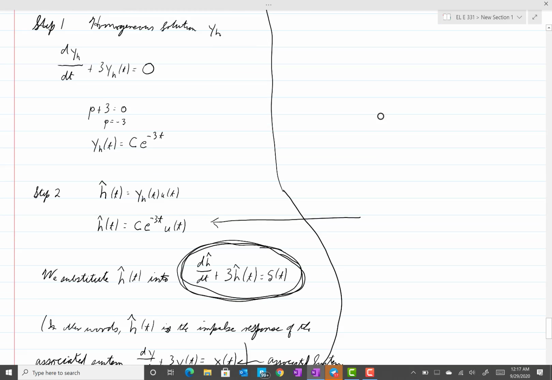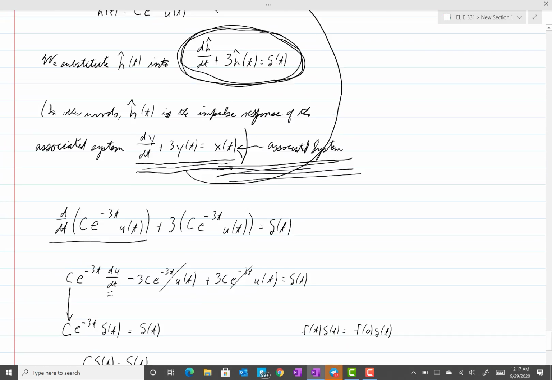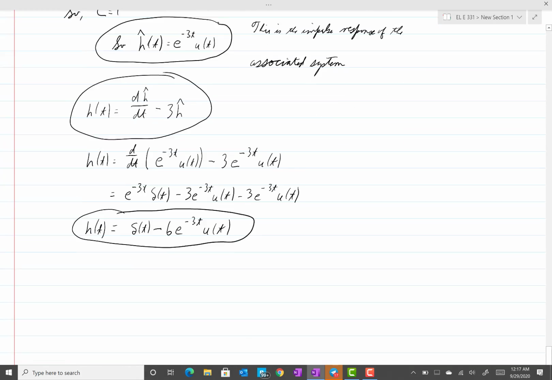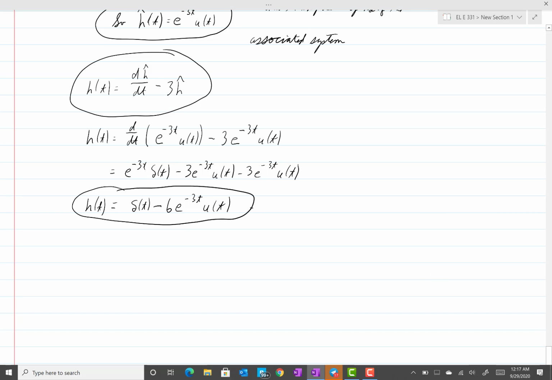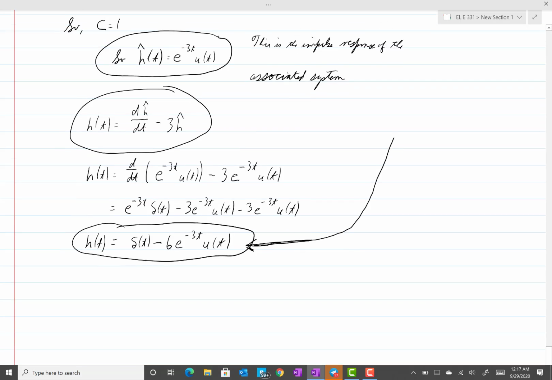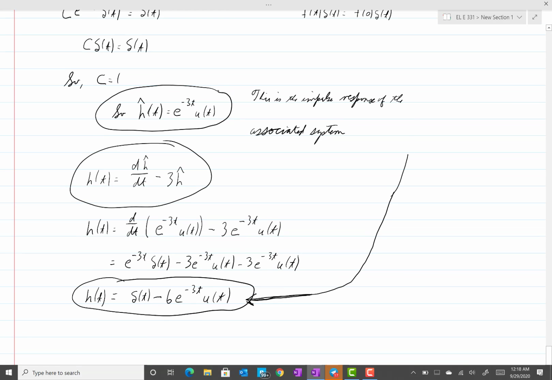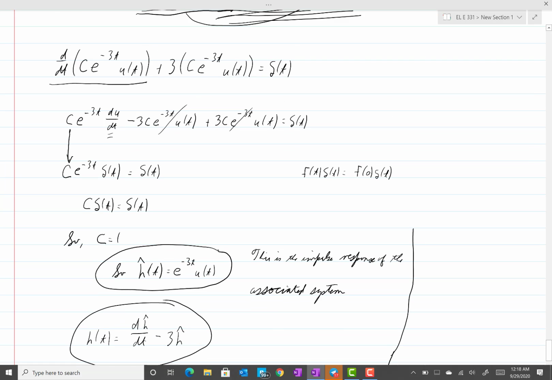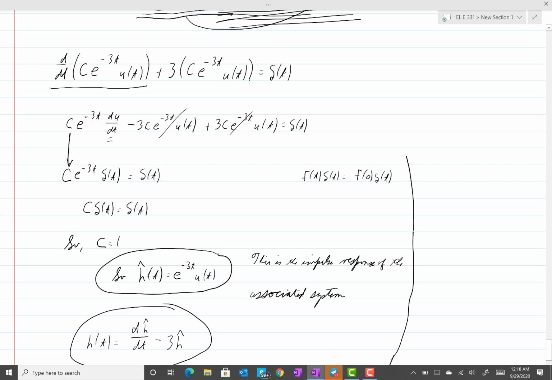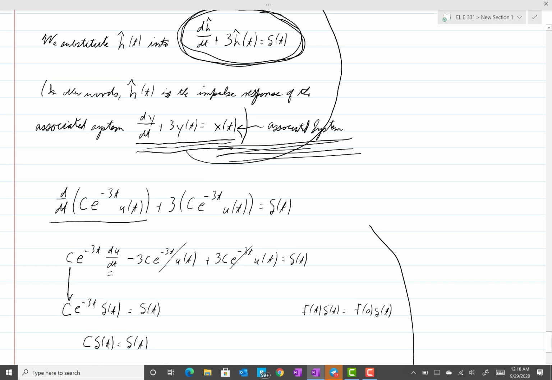And let me just say one last thing. If you take this function that we have just found, we're claiming that that's the impulse response of the original system. And so if you want to check it, just come up here to the original system, way up here at the top.